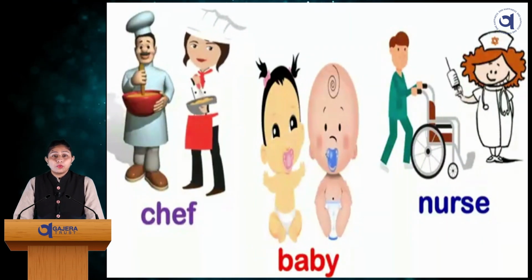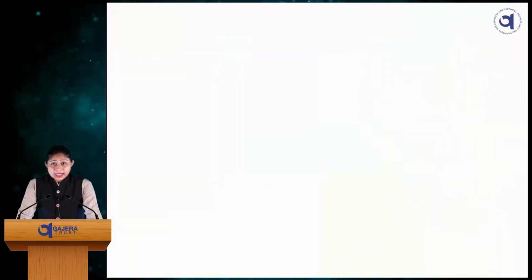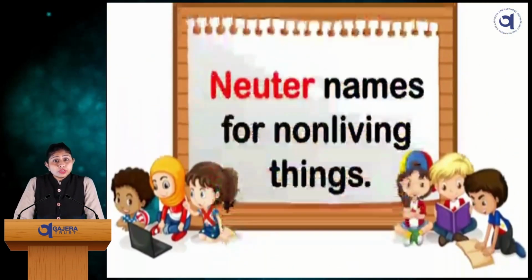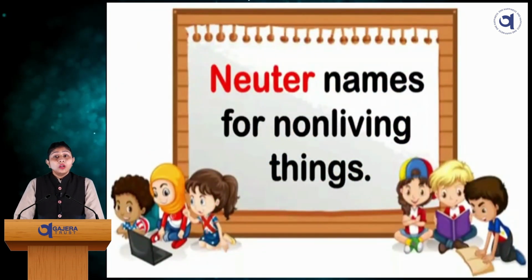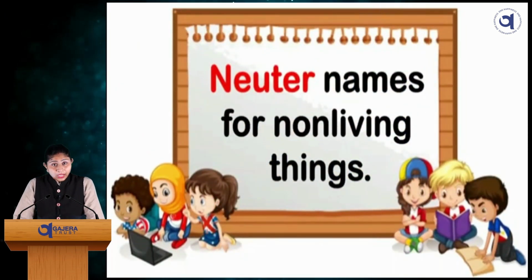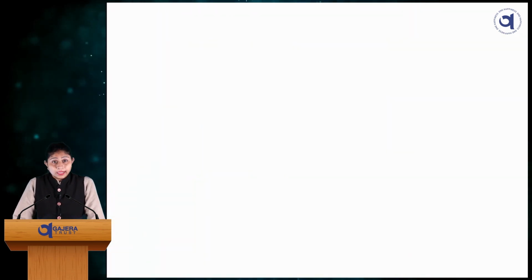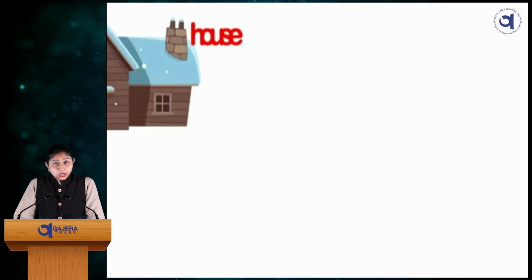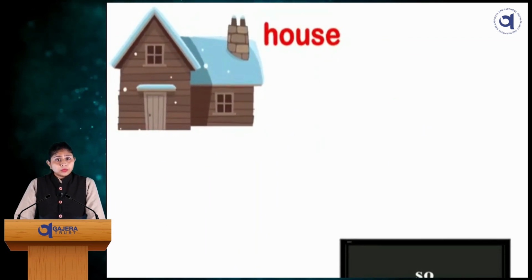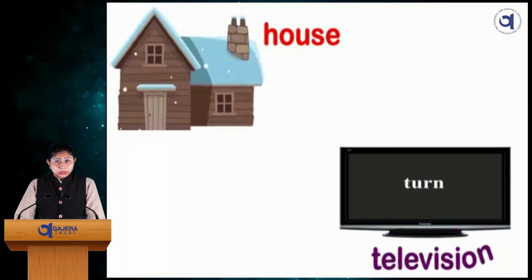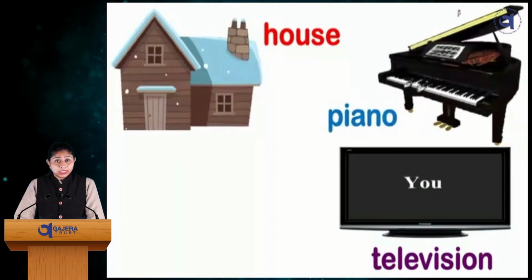Now, what about the neuter gender? The names for non-living things. If we are talking about a non-living thing, take the example of a house. It may not be a man or a woman. It is a non-living thing, right?